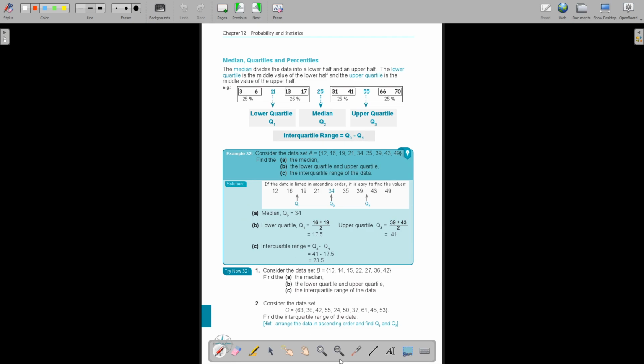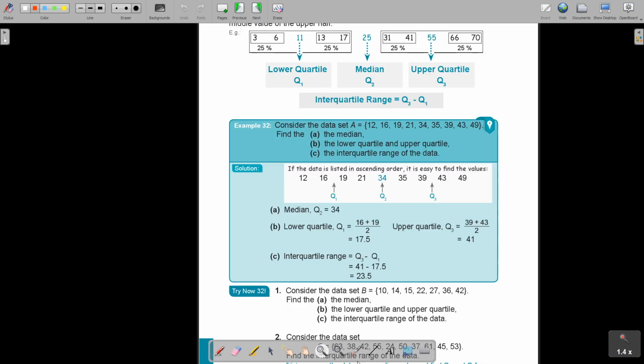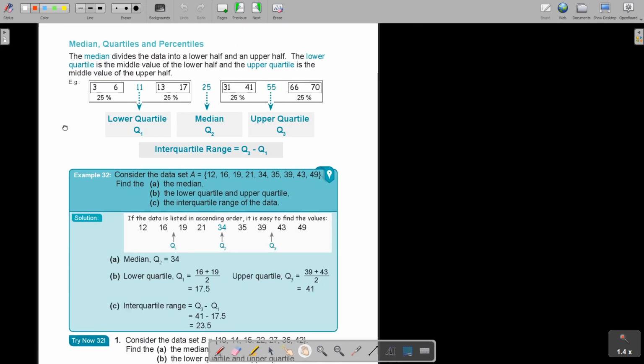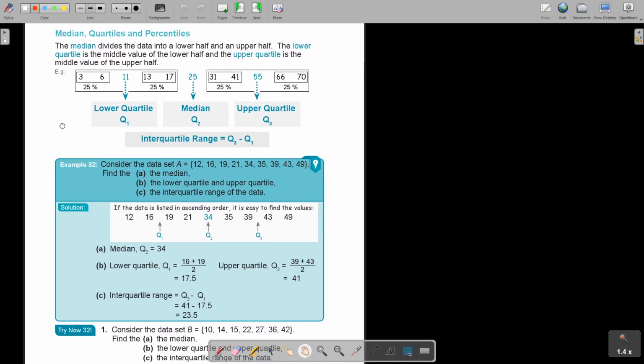Okay, before I go to the questions, I just have to run through this. So this is the median, this is the quartiles and the percentiles. The median says it's the middle, so that's Q2. Then the quartiles say it's with a quarter.